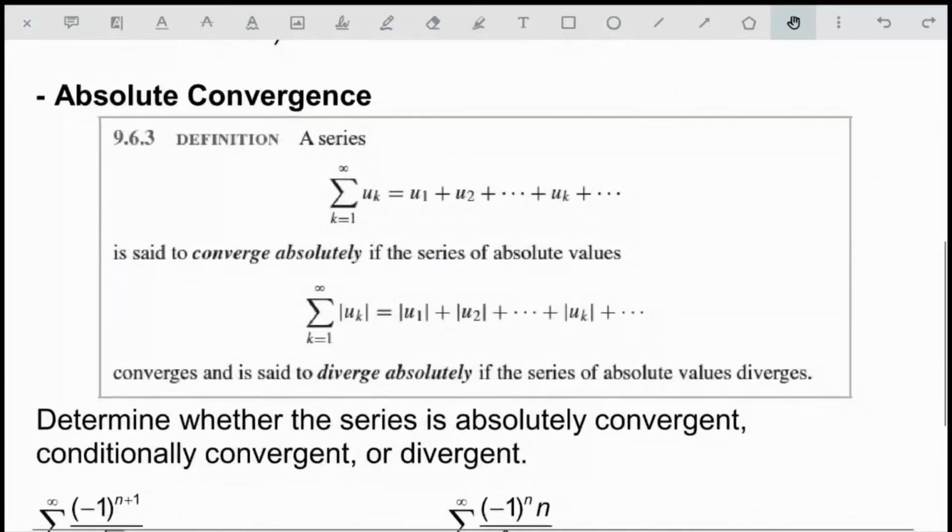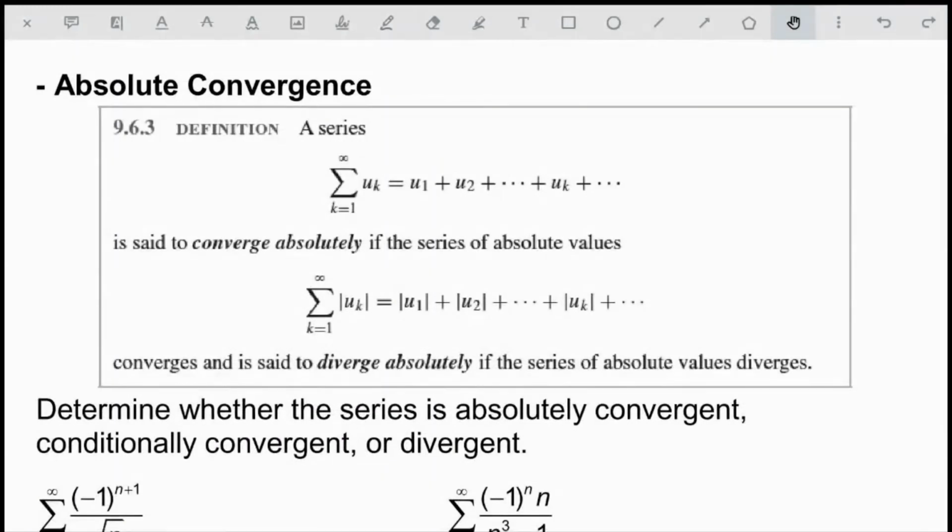All right, so the last thing here is absolute convergence. The idea of absolute convergence is that if I can show that a series converges with the absolute value of all of the terms, then the series has to converge in its other form. This is something that we use a lot when we're talking about the ratio test. If you remember when we were doing the ratio test the last time, I said I wanted to set it up with an absolute value because this is actually how we're going to use it.